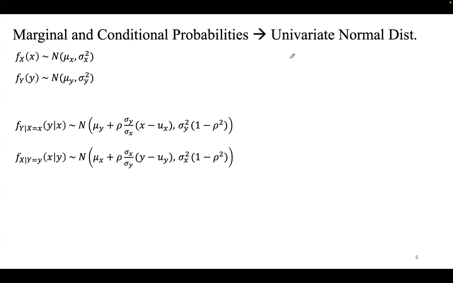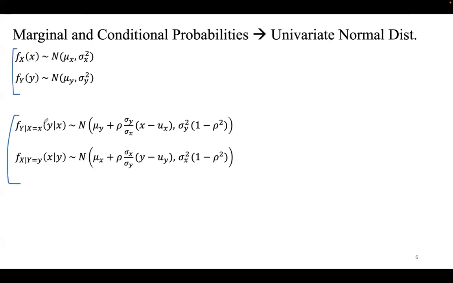And it is not just any univariate distribution, it is the simple normal distribution that you know. Initially you had mu x, mu y, sigma x squared and sigma y squared, but now you just have the one variable when you integrate over the other. This is the marginal probability. Then you can also calculate conditional probabilities.